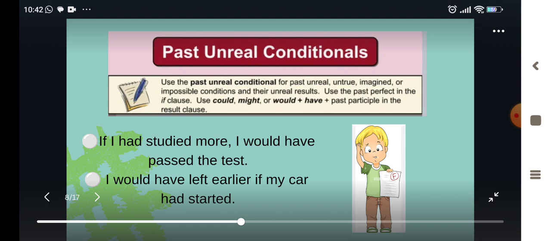Use could, might, or would plus have plus participle in the result clause. Let's look at some examples. If I had studied more, I would have passed the test. I would have left early if my car had started. In this case, if we notice, those are situations that maybe are imagined or maybe have unreal results.